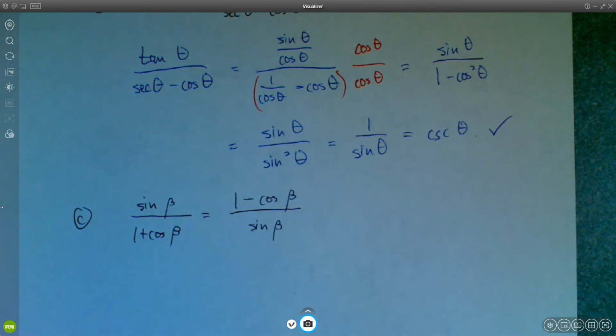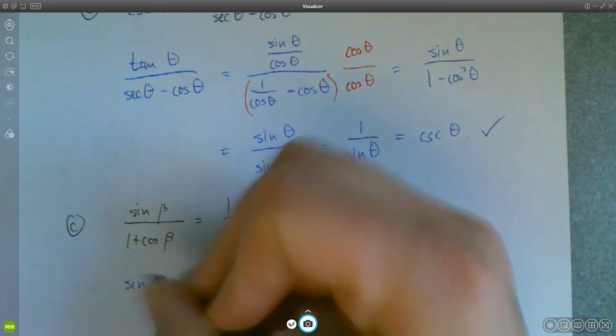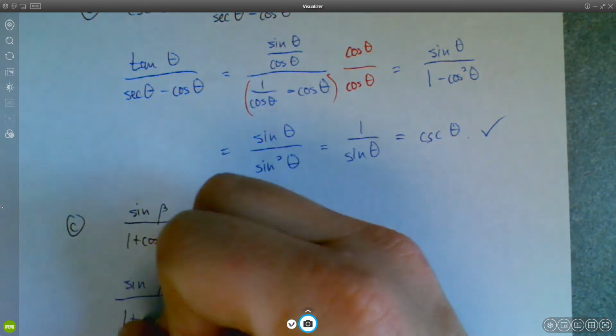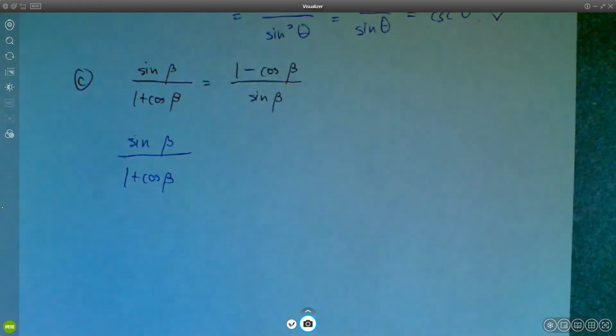Okay, so on this one, neither side is more simplified than the other. I think they're equally challenging, I suppose. So I'm just going to start on the left-hand side and see what I can do with this. And from experience, what this looks like to me is that I'm going to have to multiply by the conjugate.